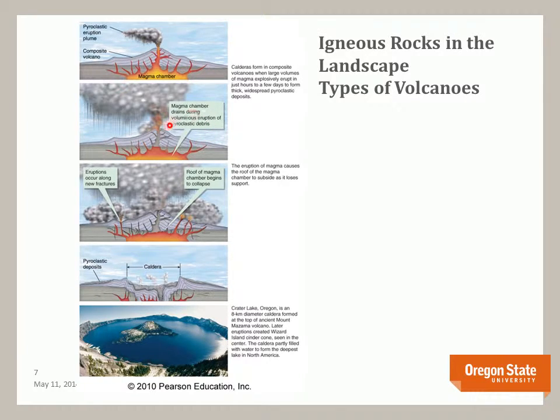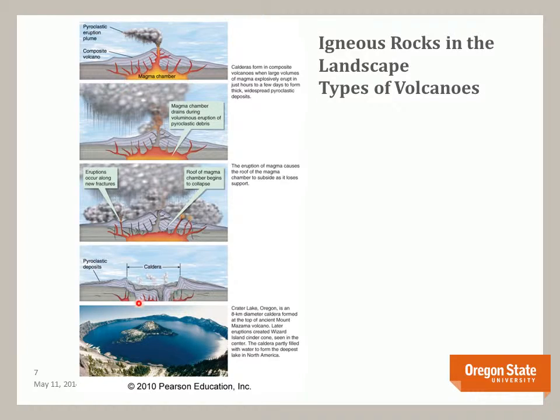So you get big pyroclastic debris, and then the interior of the volcano collapses into the magma chamber, forcing out eruptions along these radial fractures. And this forms the caldera, which is a large, relatively round crater that is flanked by these pyroclastic flows.